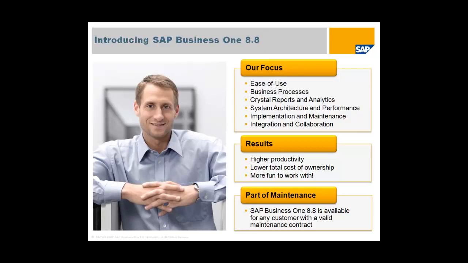We've focused a lot on the integration of Crystal reports and the embedded analytics as part of the SAP Crystal solutions. Also, we've taken the feedback that we received from our more than 25,000 customers and more than 1,400 partners around the world about what we needed to do with the solution, and we've used that to build enhancements to the systems architecture and performance.